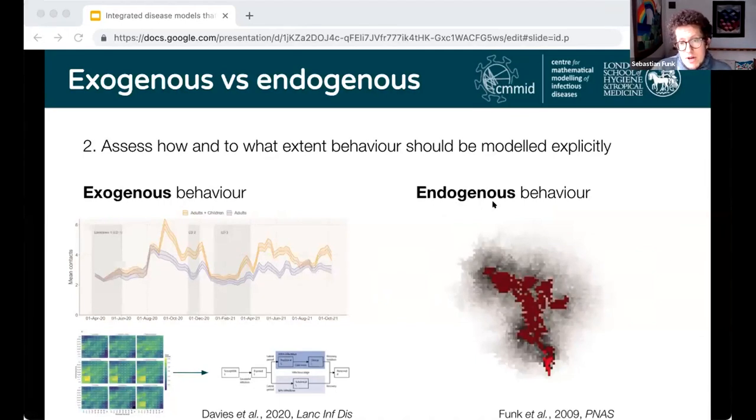The other way of thinking about this is if we model behavior explicitly. So this is a bit like in the previous talk by Kate Yates, where the infection itself generated behavior, behavioral dynamics was modeled, and behavior itself then can affect the epidemic again. This is something that we, for example, with Vincent Jansen, who's also here, and others modeled a while ago.